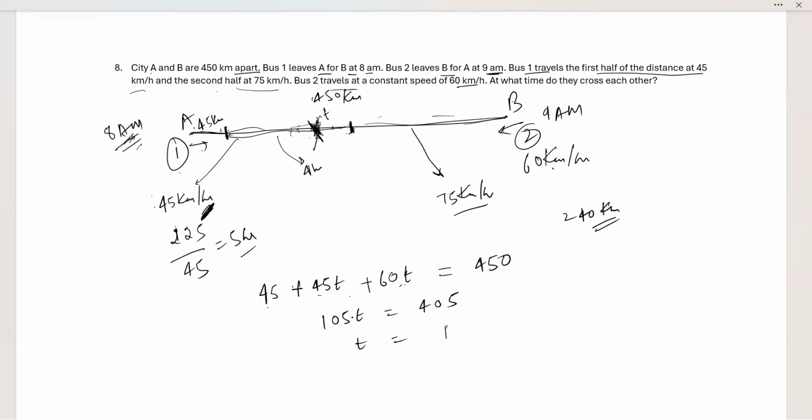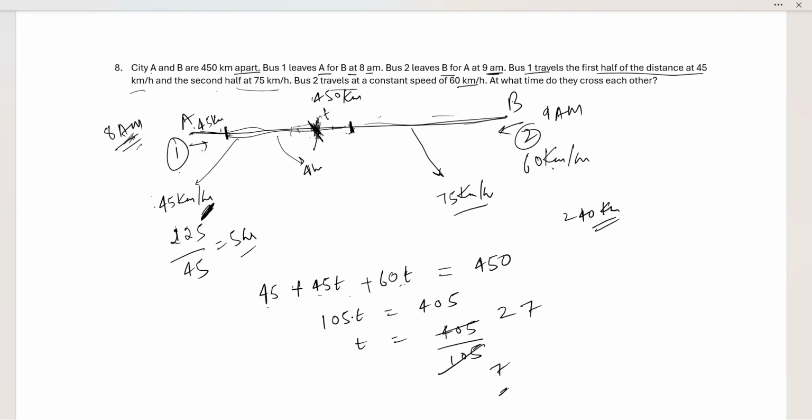t is what? 405 by 105. This is 15 7, 15 57. I'm doing the right thing, right?